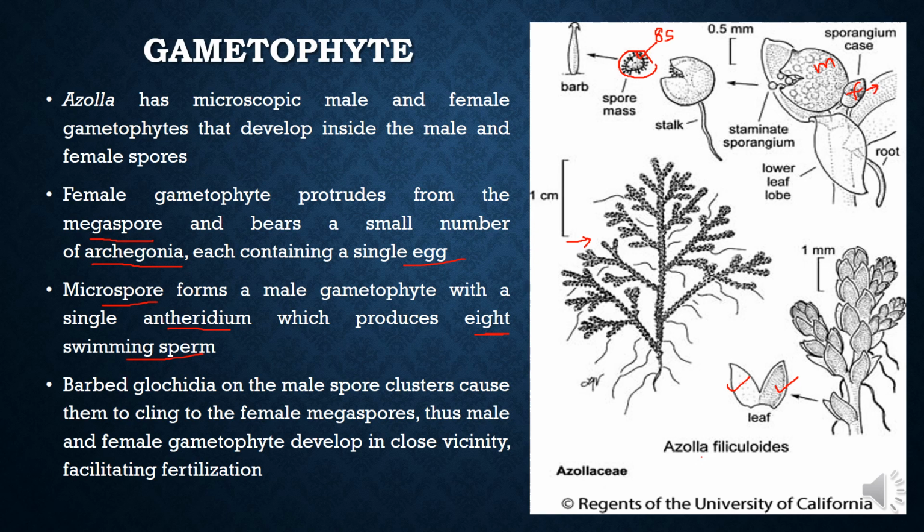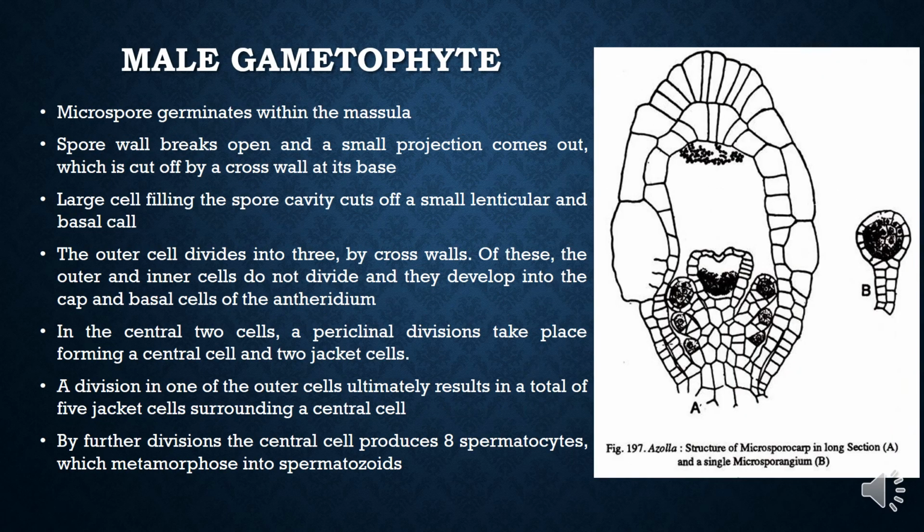And the female sporocarp produces the female spore, that is the megaspore. Each of these female spores produces many archegonia, and each archegonium will contain one egg.